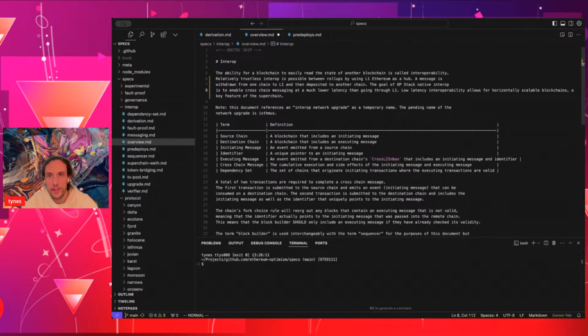Low latency interoperability allows for a horizontally scalable blockchain network. Cool. So we just kind of rewrote that.